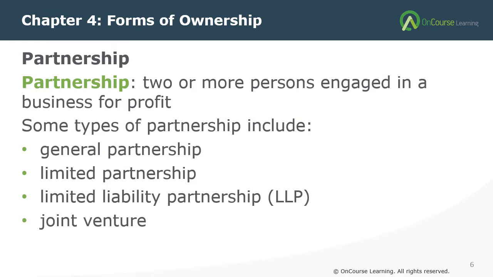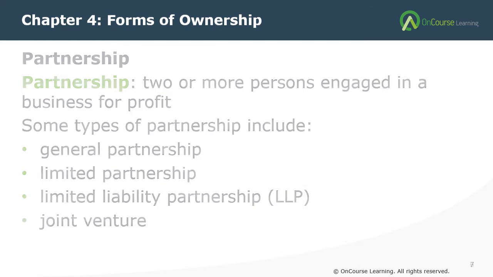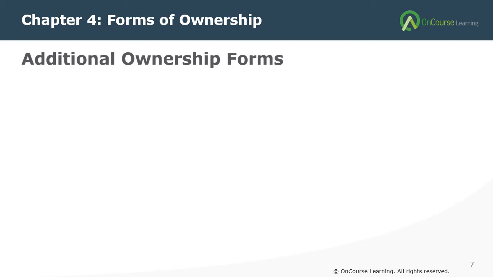Finally, a joint venture is a partnership to carry out only one project. Some additional sole ownership forms include the corporation.